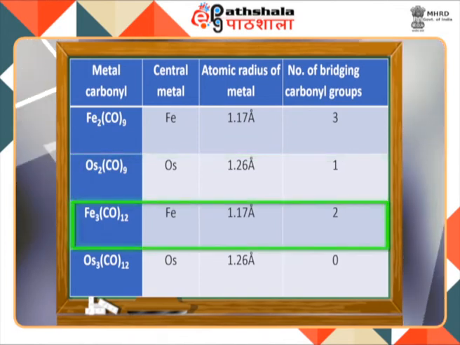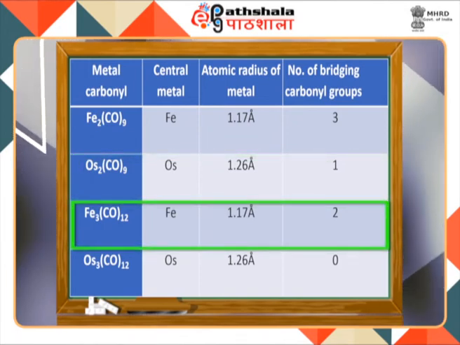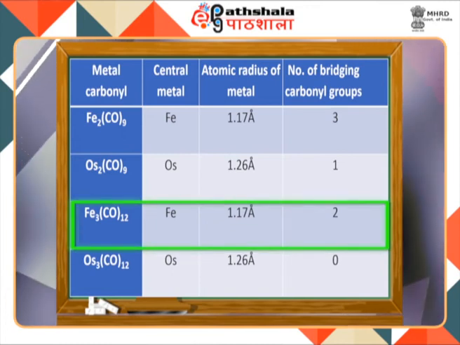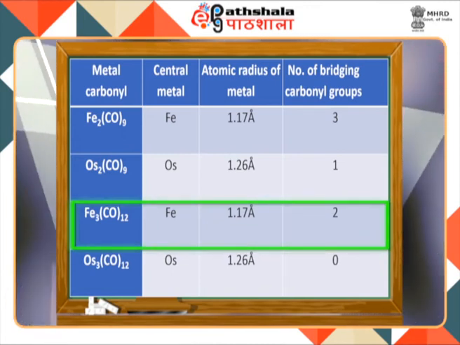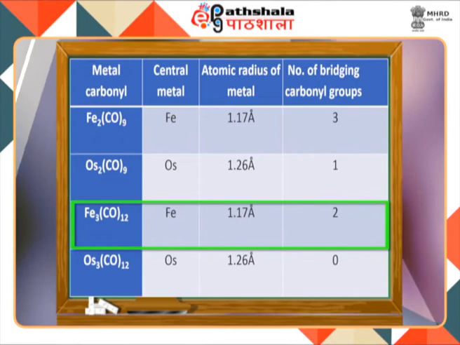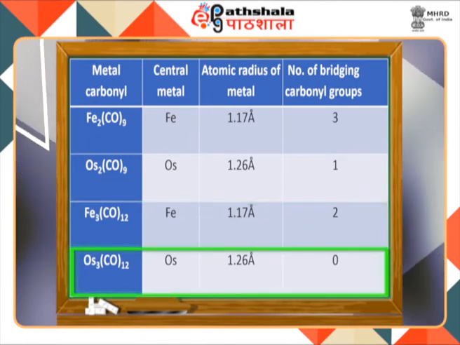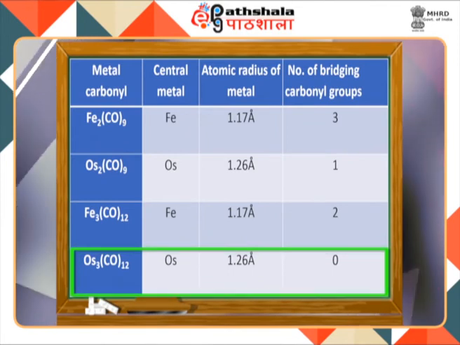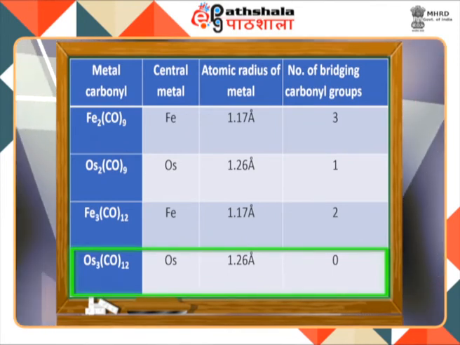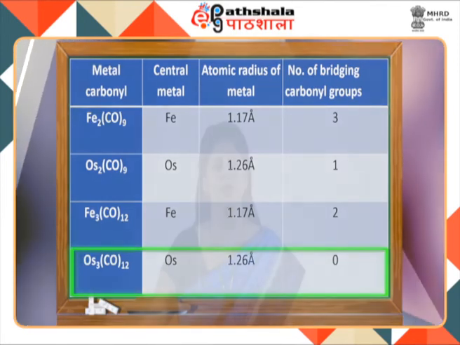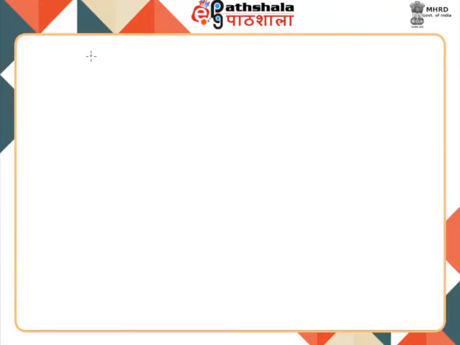For the Fe3 carbonyl complex, the atomic radius is 1.17 angstrom and the number of bridging carbonyl groups is 2. For the Os3 carbonyl complex, the atomic radius is 1.26 angstrom and the number of bridging carbonyl groups is 0.